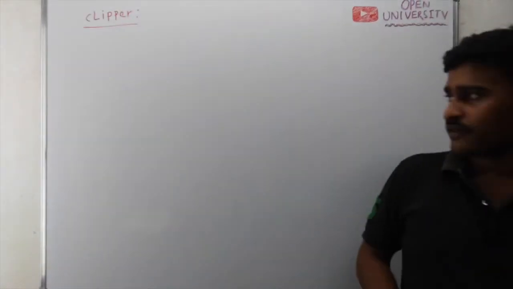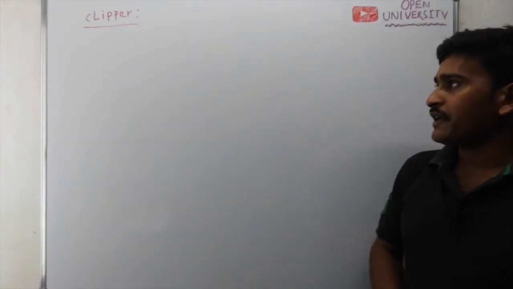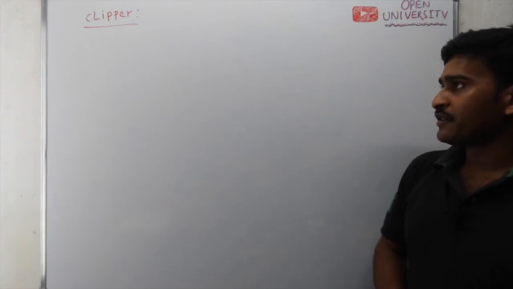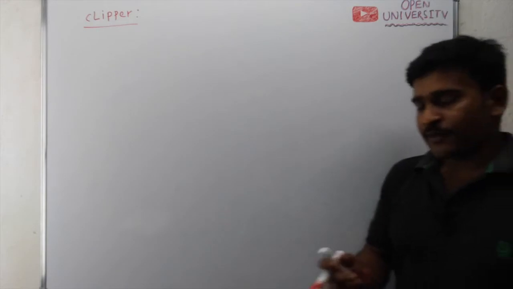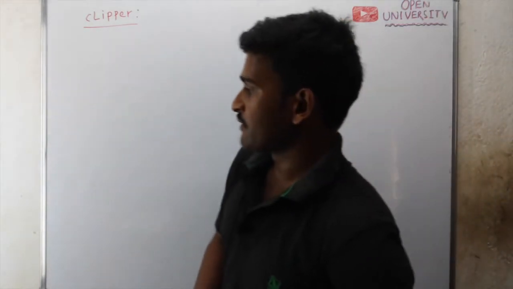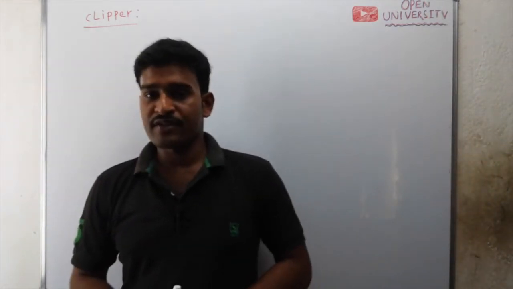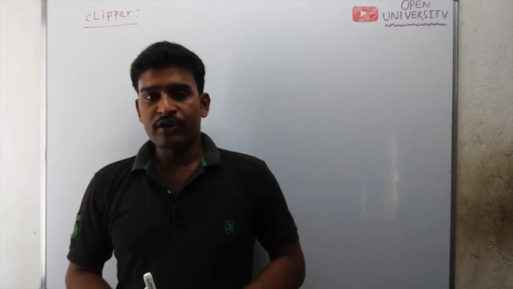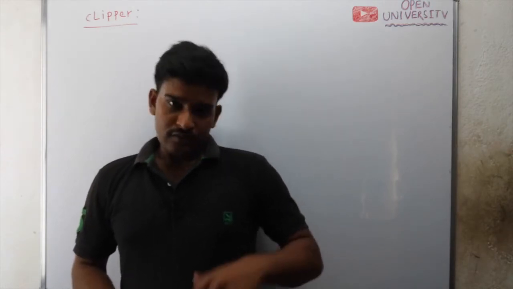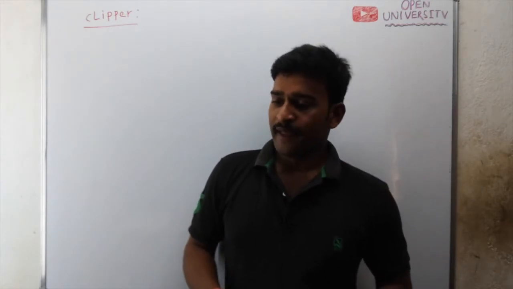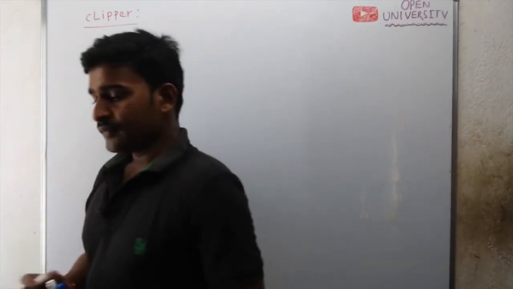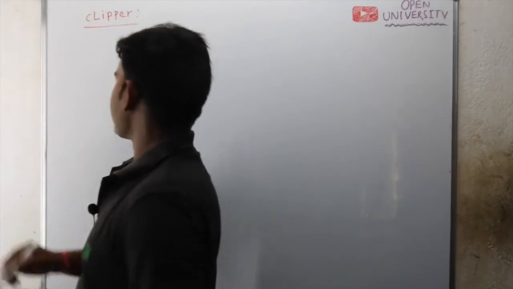What is a clipper? It is basically a non-linear wave shaping circuit which can cut or remove the unwanted portion of a signal. So write down a point on this clipper.